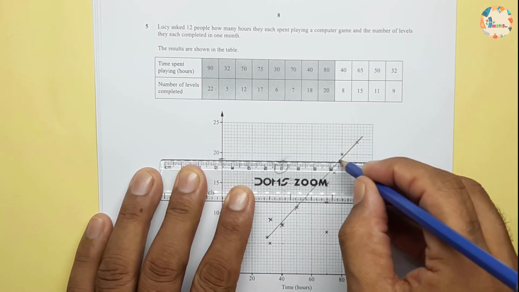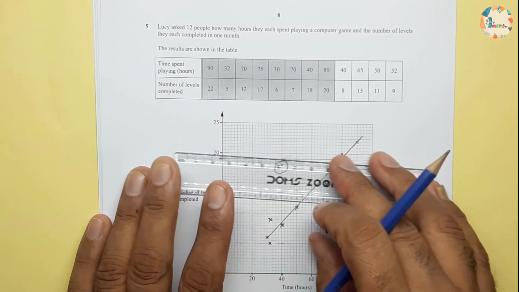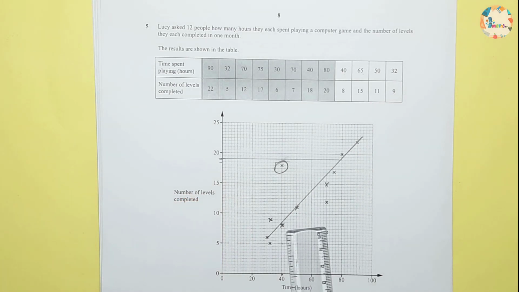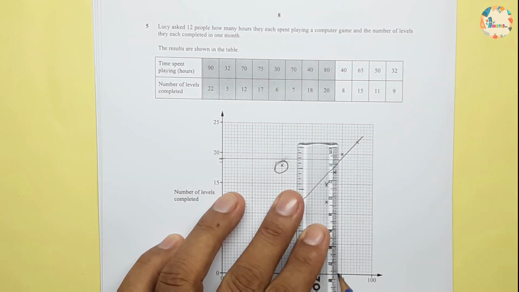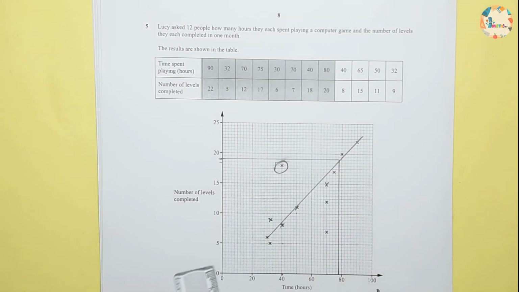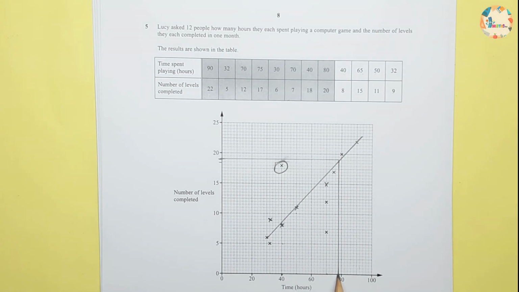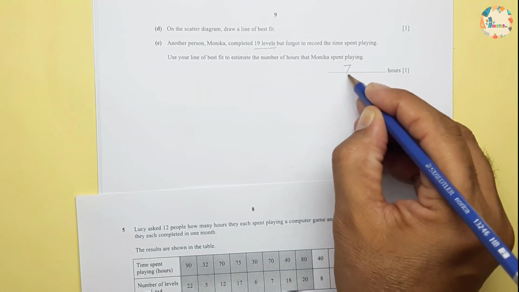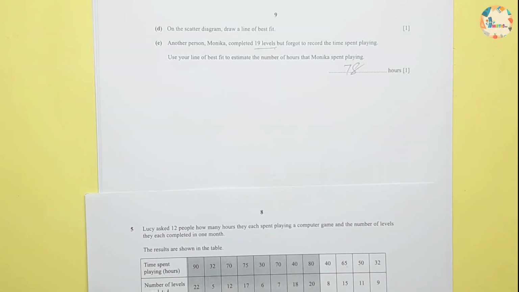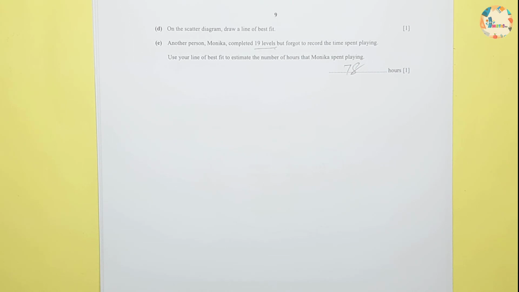This will be over here, and from the other side also we can check. So this will be over here. This is like 78. So this is 60, 70, and this will be 78. So we can write the answer over here, 78 hours. This question is also done.